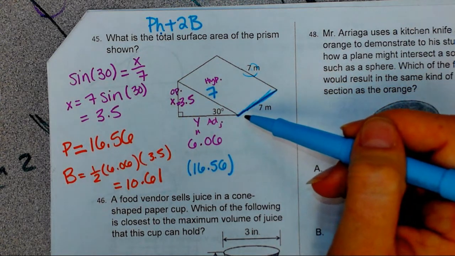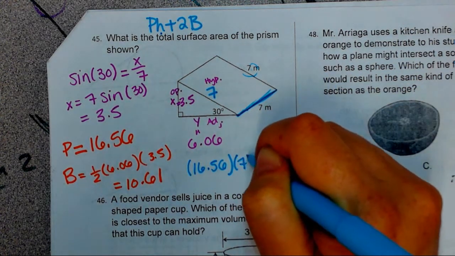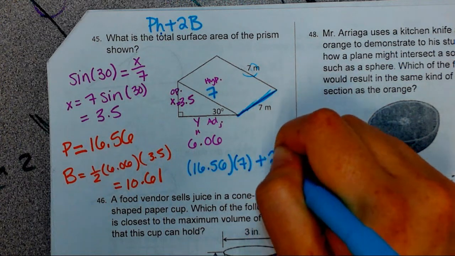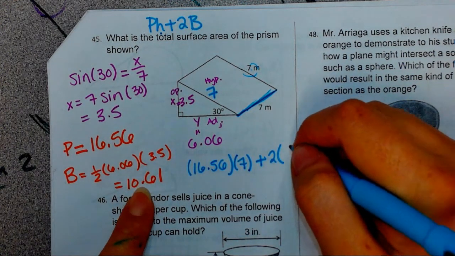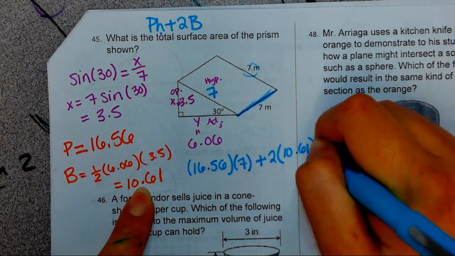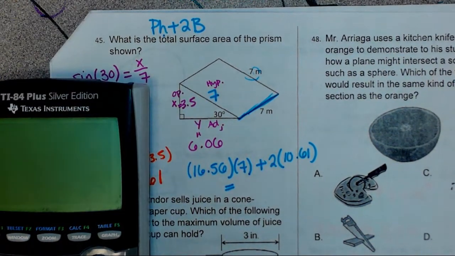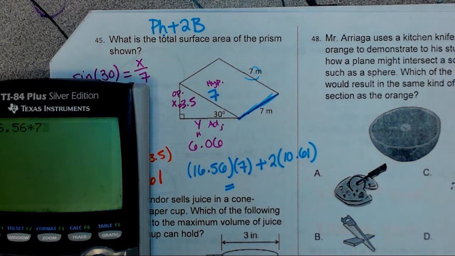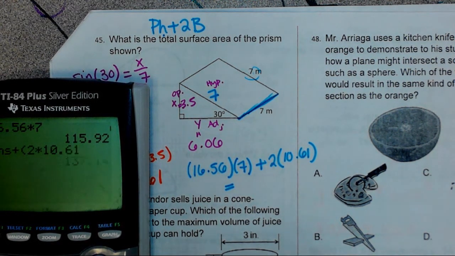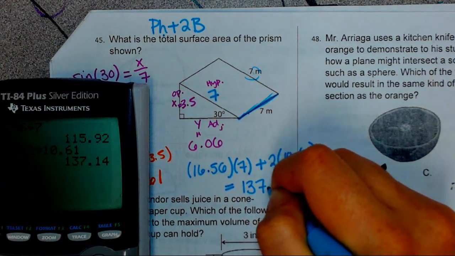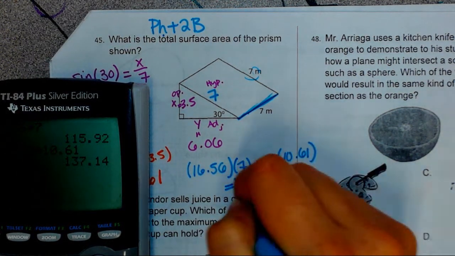So the triangle is the base, which means that the height would be 7, plus 2 times area of the base, which would be 10.61. 16.56 times 7 plus 2 times 10.61 is equal to 137.14.